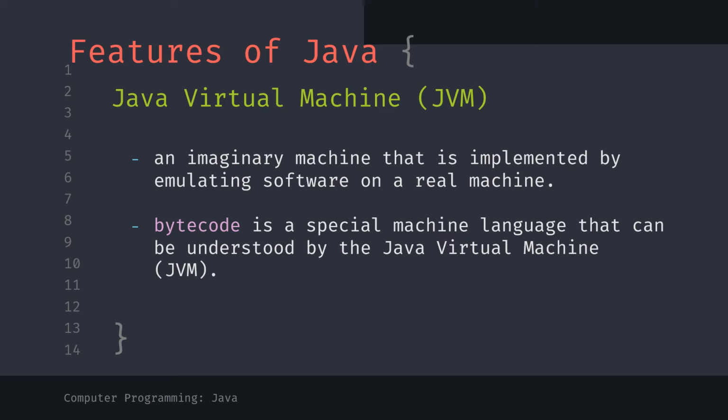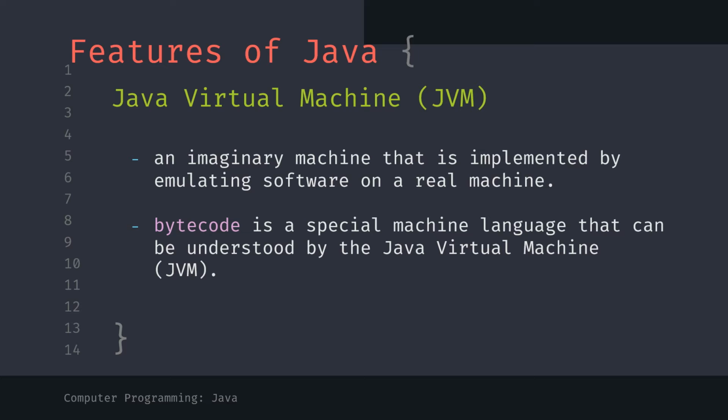Features of Java. Let's discuss the Java Virtual Machine, or the JVM. The Java Virtual Machine is an imaginary machine that is implemented by emulating software on the real machine. The JVM provides the hardware platform specifications to which you compile all Java technology code.